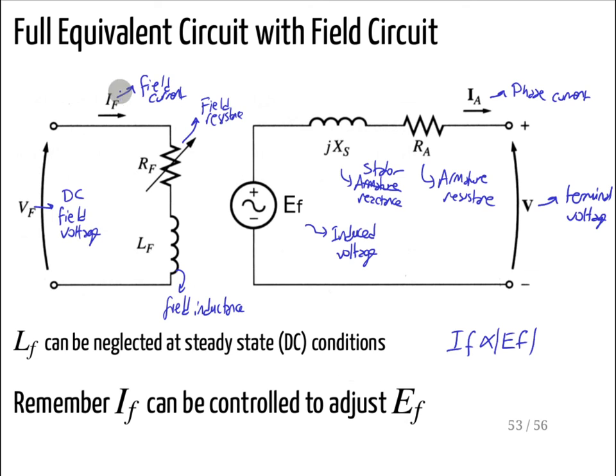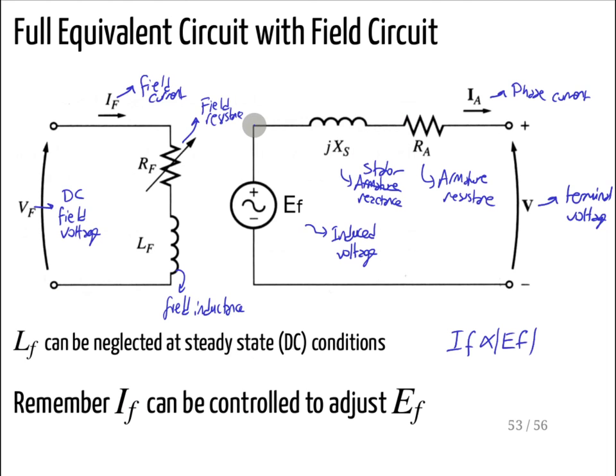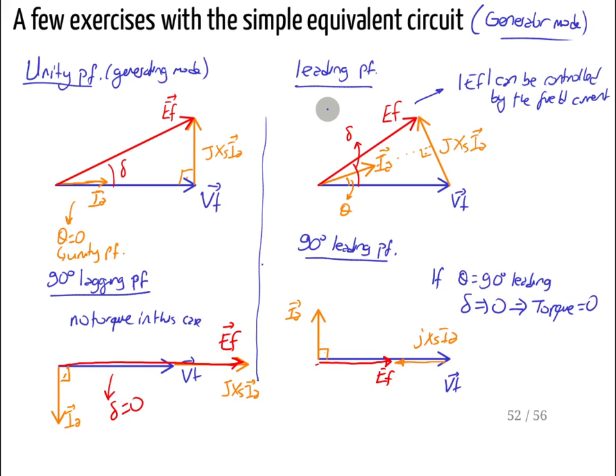So by controlling field current I can control the EF, and by changing the magnitude of EF you can control, even if that is connected to the grid voltage, so you don't have any control on the grid voltage on the right hand side, but if you can control here, you can control how much current is going to be drawn, or if it's not going to draw any current at all.